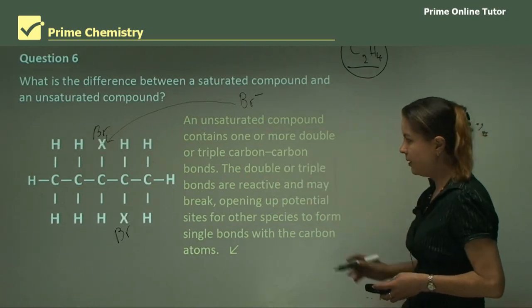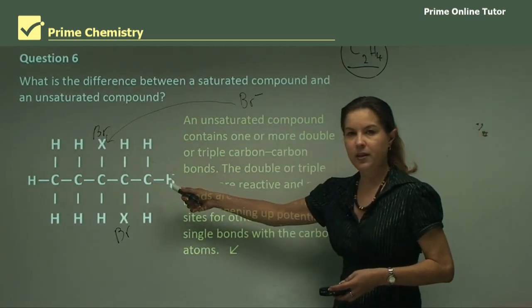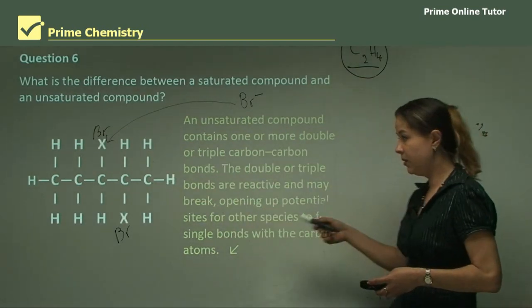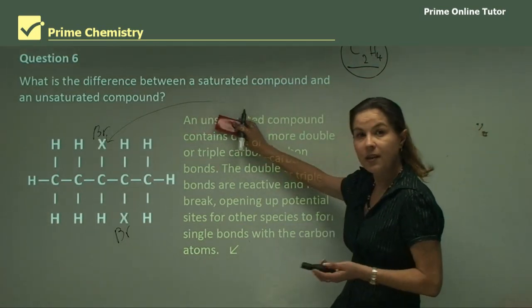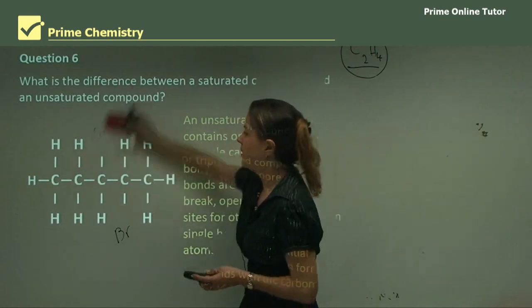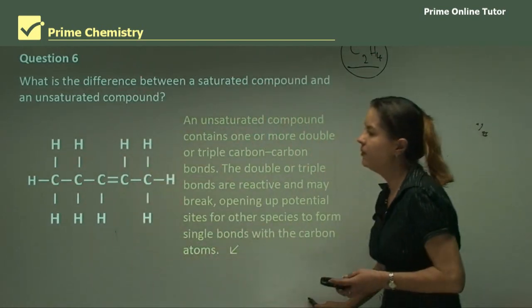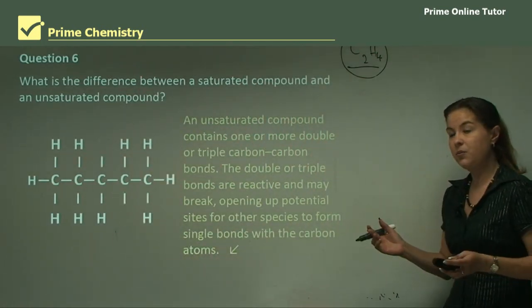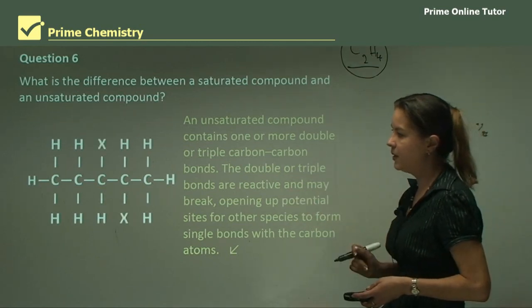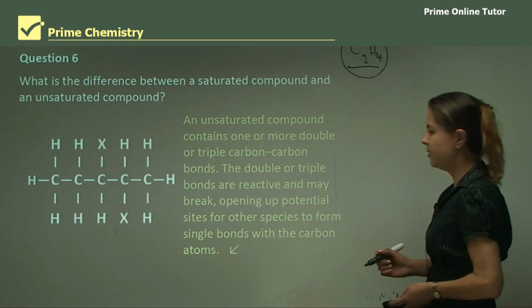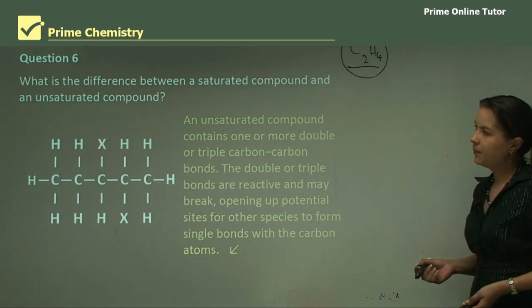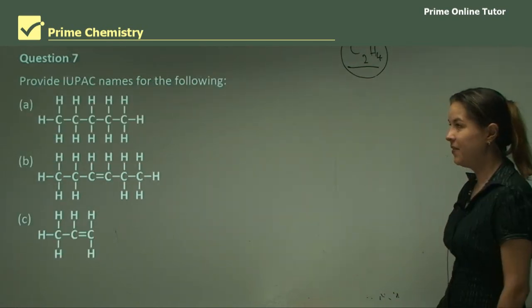And the great thing about this is that by putting bromine atoms there, that is a completely different molecule than pentane, which we have here, and it has different properties and different uses. So that's why double and triple bonds are so important for the petrochemical industry, because when they break them, they put a new element in there, and you have a different compound, which we can use for all sorts of different things.